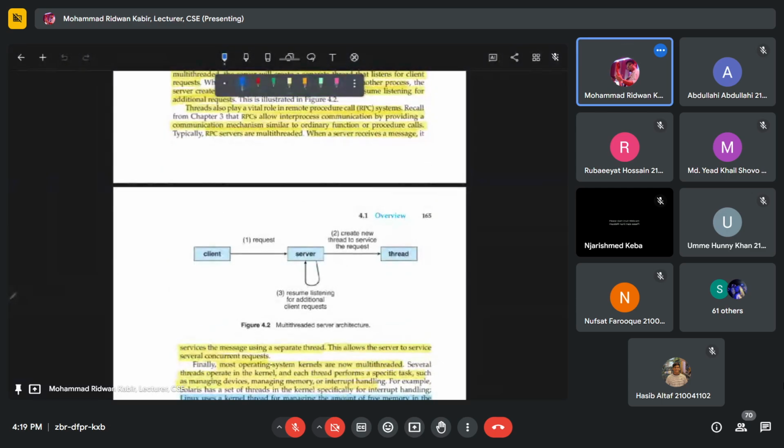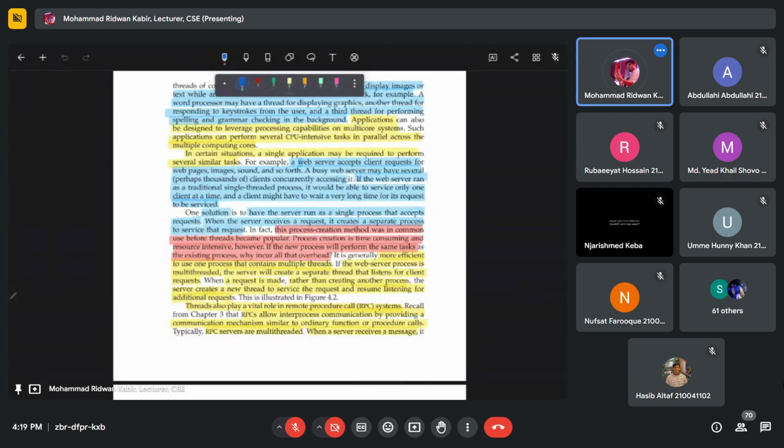And another example, besides the web browser, is a server which is listening for user requests at a certain port, and whenever a request comes in at that particular port, the server will not dedicate itself entirely to handle that request, because if it does so, other users cannot simultaneously send requests to the server, right?